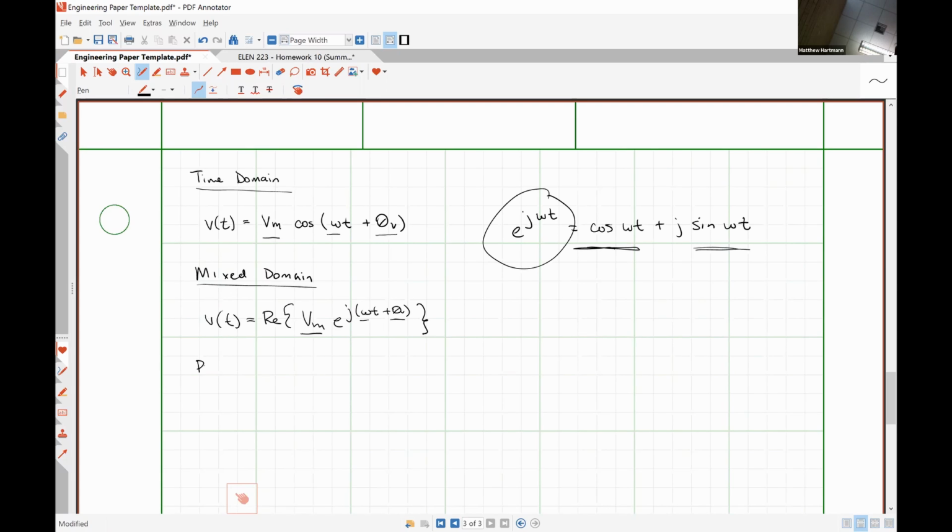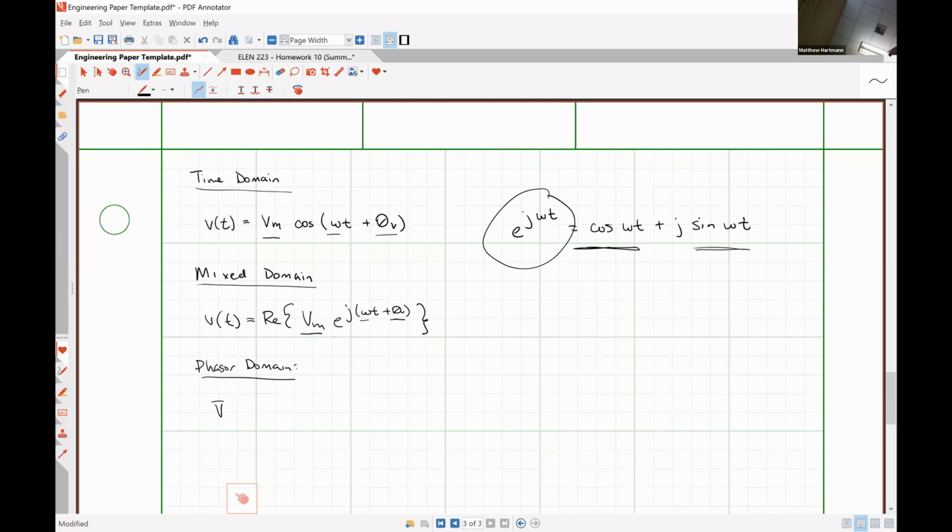The phasor domain, which is what we're going to be using, is just an engineering shorthand notation. So the phasor domain has what's called a suppressed frequency. So we are leaving the time domain entirely.